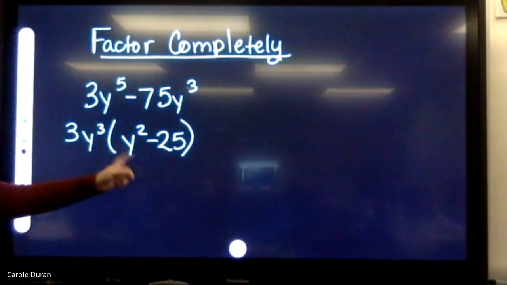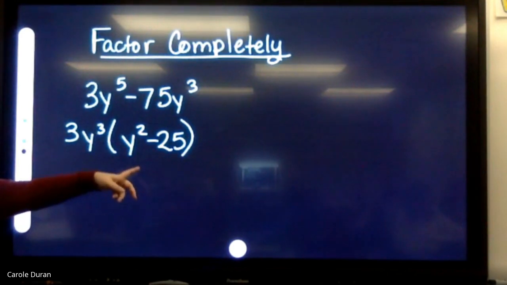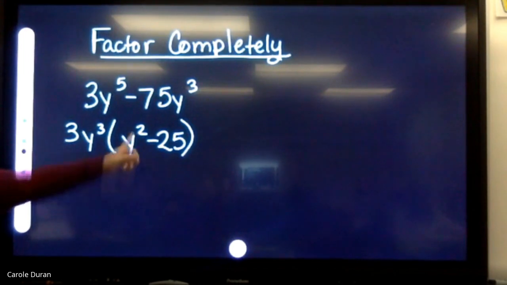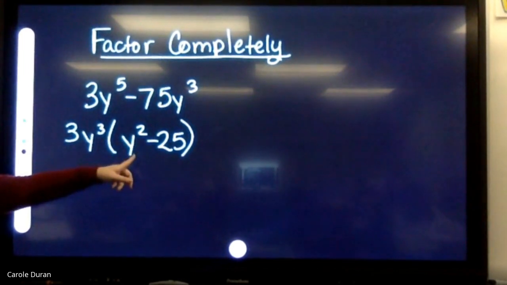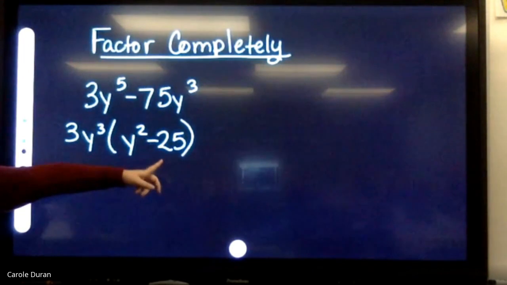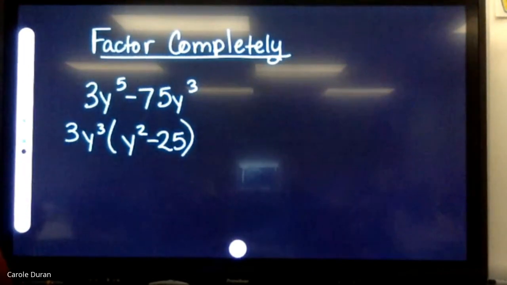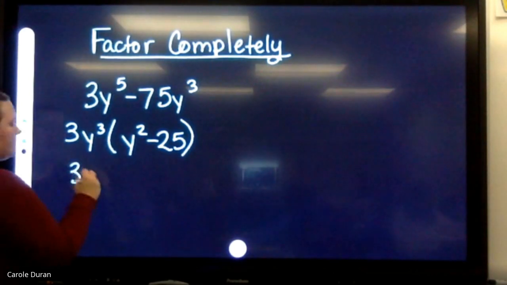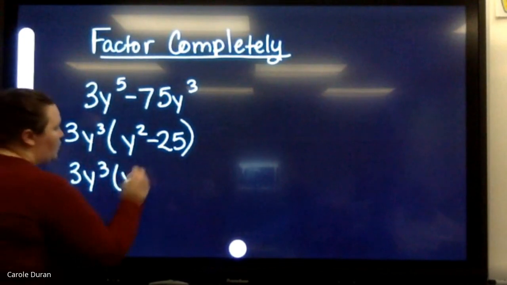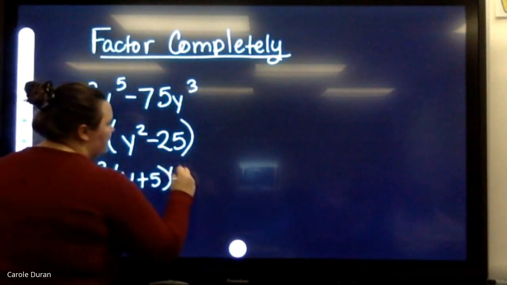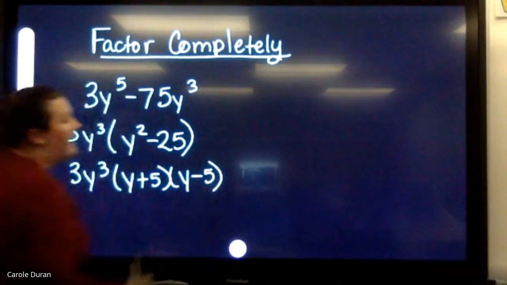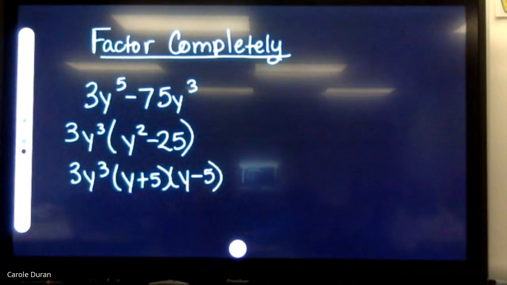But what do I notice about y squared minus 25? Difference of squares. Y times y gives me y squared. 5 times 5 gives me 25. So that's going to factor into y plus 5 times y minus 5. So what I have now is 3y cubed times y plus 5 times y minus 5. Now I'm as factored as I can go.